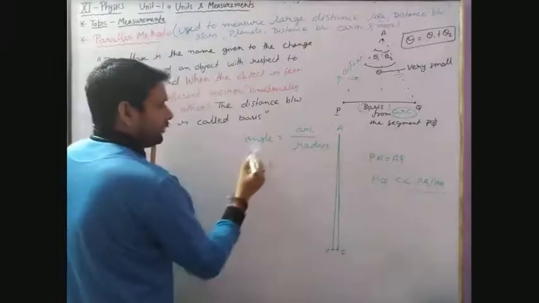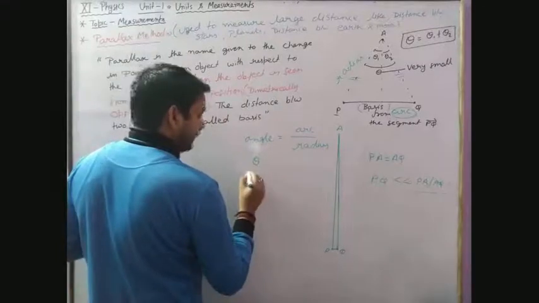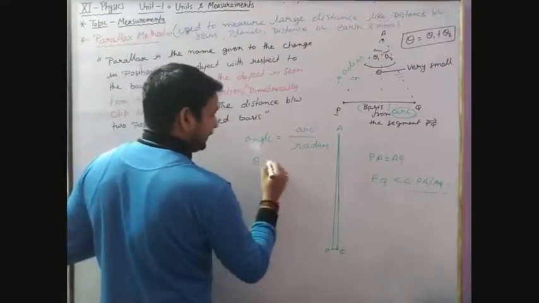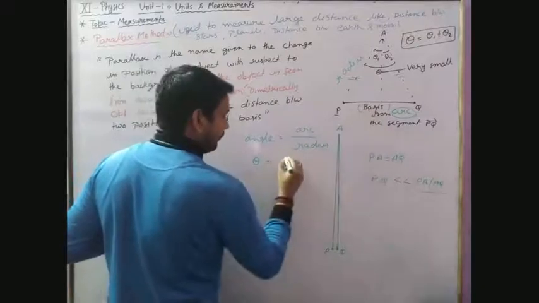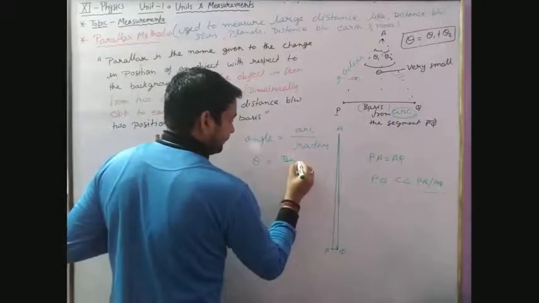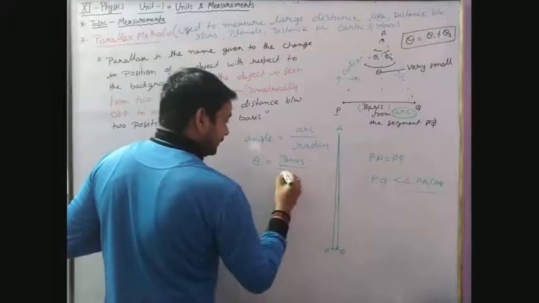Clear? Therefore, the value of angle theta is equal to arc, which we have as the basis, upon this radius.